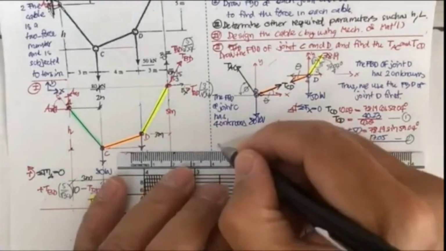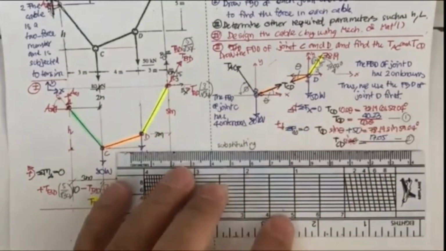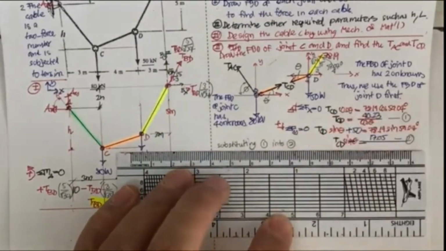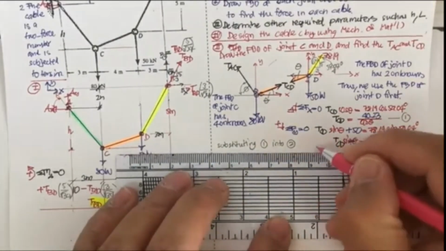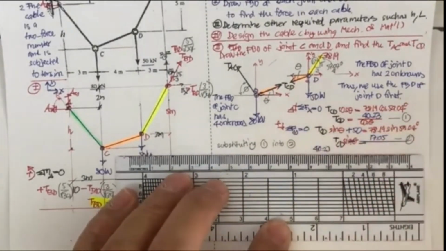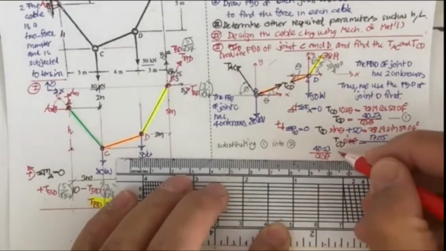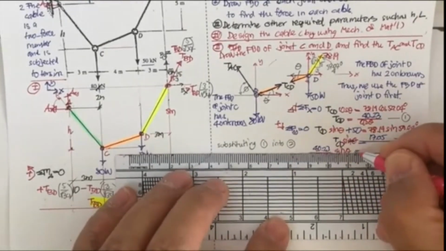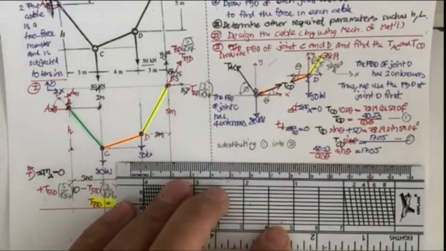You just substitute 1 into 2. If you put this one into this, you will get 40.23 divided by cosine theta, and then you have sine theta, and this one is going to be equal to 17.05. You can see that you obtain the tan theta now, right?